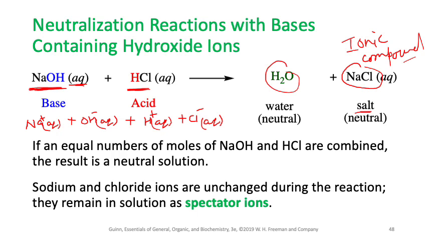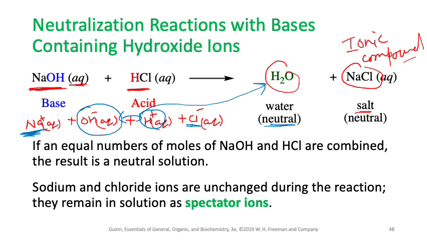So what happened over here, the OH- ion from the base and H+ ion from the acid react with each other and they make water as a product, which is neutral. That's why this is a neutralization reaction, because base is OH-, acid is H+. What about the other two components that are present in the reactant? One of them is the metal, sodium ion, second one is chloride ion.